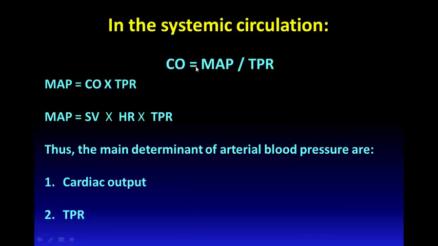Cardiac output is equivalent to the mean arterial blood pressure divided by the total peripheral resistance. From this equation, the mean arterial blood pressure is equivalent to the cardiac output multiplied by the total peripheral resistance. And we know that the cardiac output is equivalent to the stroke volume multiplied by the heart rate. So from these two equations, especially this equation, the main determinants of the arterial blood pressure are the cardiac output and the total peripheral resistance.